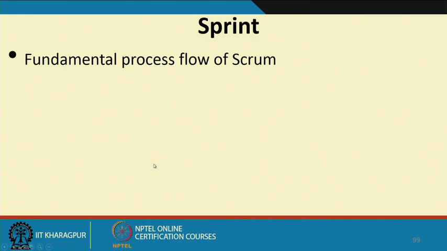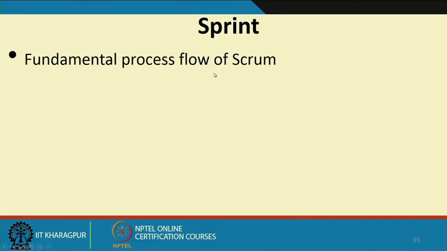In the last lecture, we looked at Scrum, which is one of the agile models, and one important thing here is the sprint. The sprint is the fundamental process flow of Scrum.